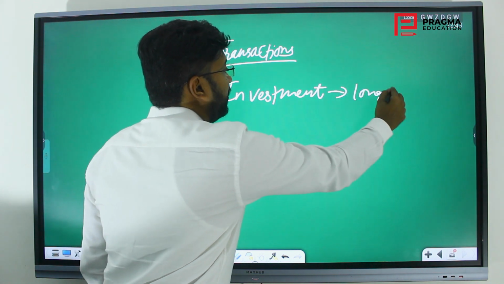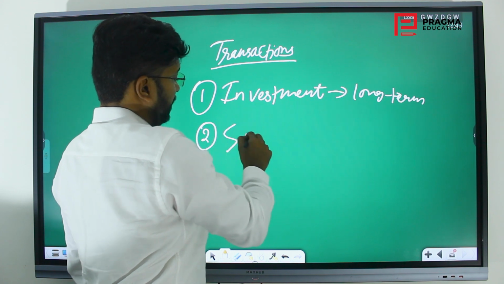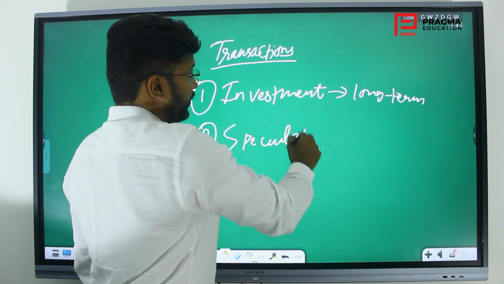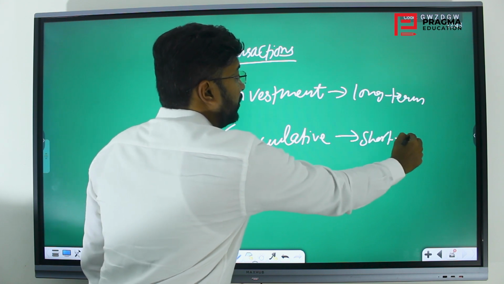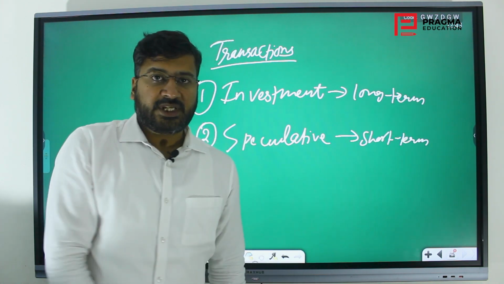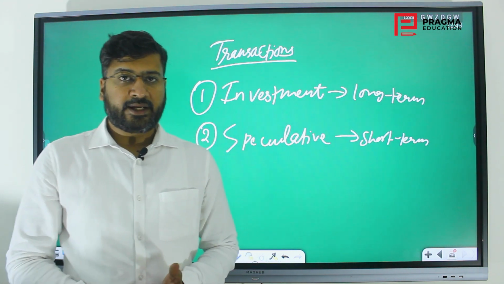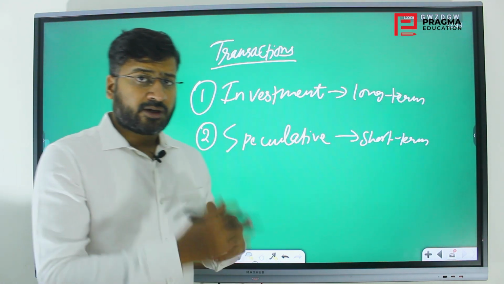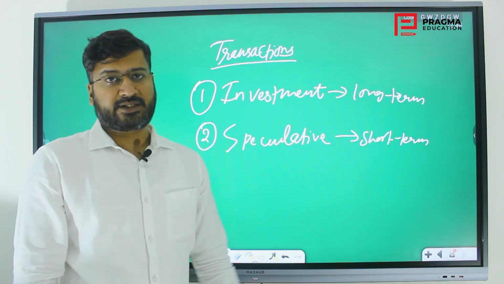They are long term. Then speculative transactions, which are short term. As we see in the real time stock exchanges, the spot trading, intraday trading. So these are all the short term trading within the capital markets. So that is the speculative transactions.